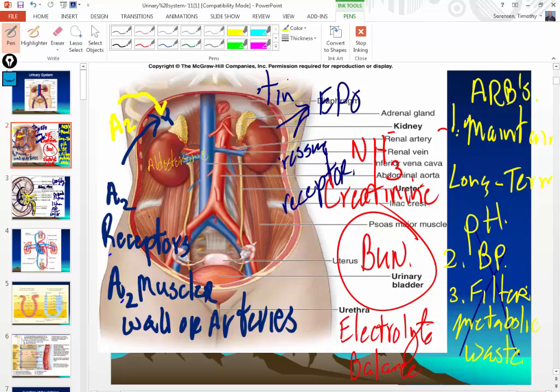And what's going to happen to all the arteries as a result of angiotensin 2 binding to angiotensin 2 receptors on the muscular walls of the arteries? They're going to constrict. Say yes. How many people are following me so far? Guys?